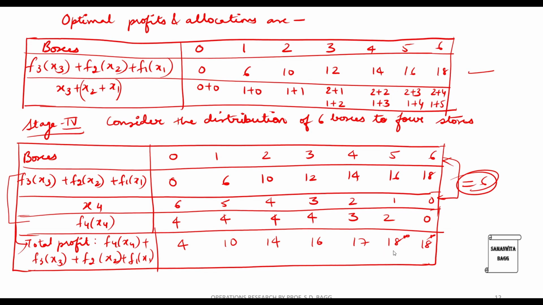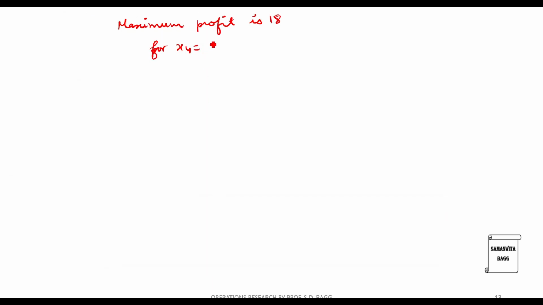So I'll write down the maximum profit is 18 for x4. Value of x4, if you check over here, it will be either 1 or 0. So I'll write here x4 is 1 or 0.